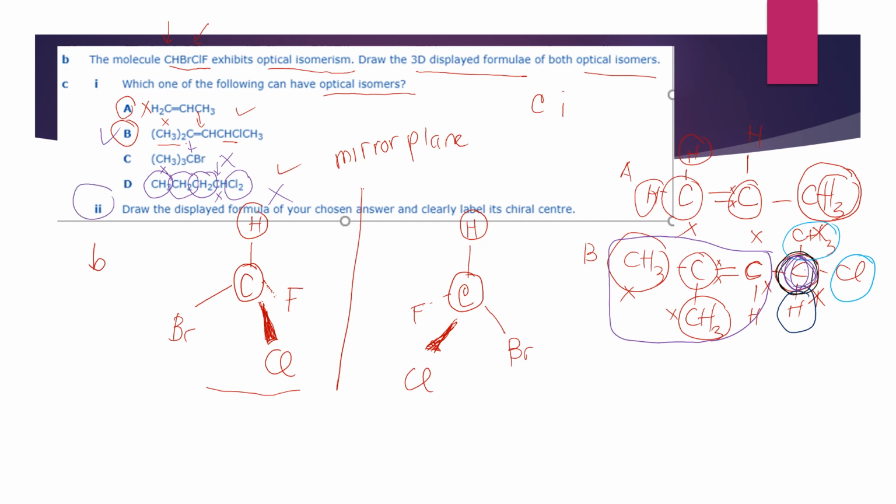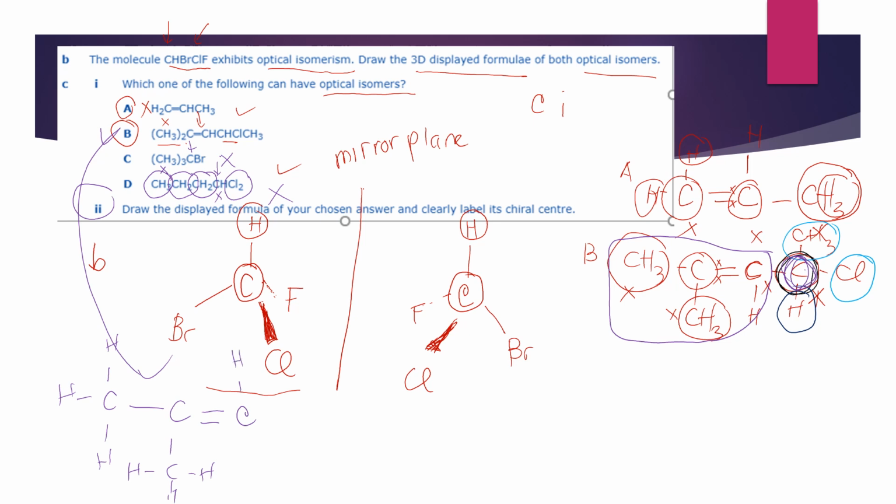Number 2, draw the displayed formula for your chosen answer. Number B. Just open the hydrogen. You have 2 CH3 attached to 1 C here, CH3. There are 2. And then this C with double bond, and then the double bond with CH.